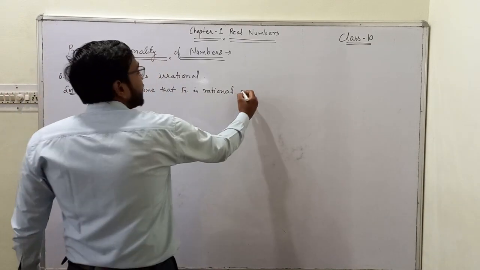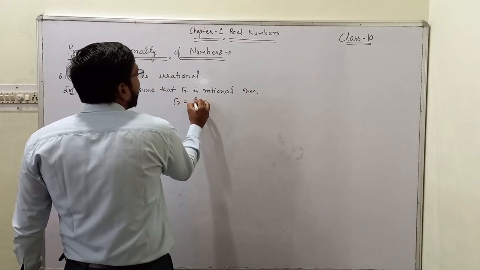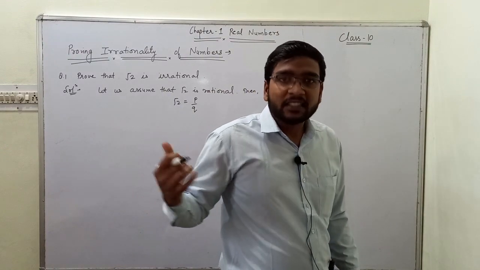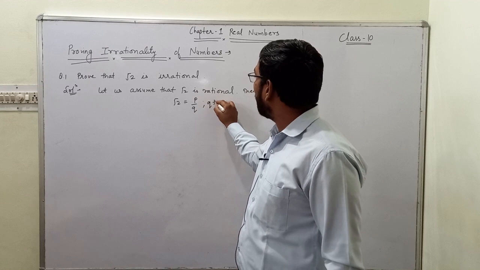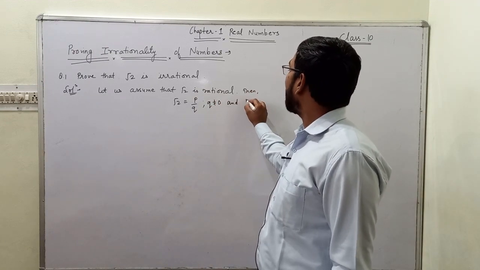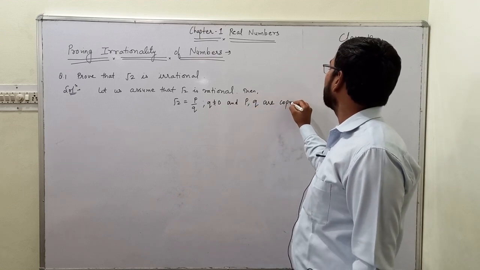It means root 2 can be written in the form p upon q. If it is rational, it can be written as a fraction, where q is not equal to 0, the denominator should not be 0, and p, q are co-prime integers.